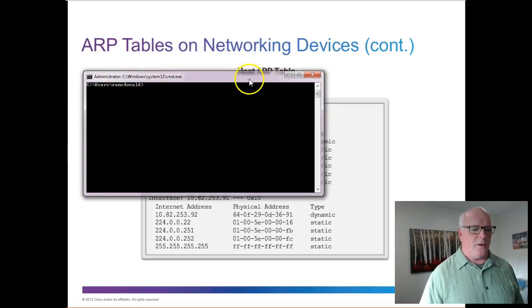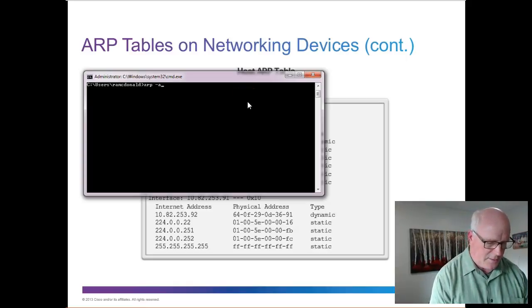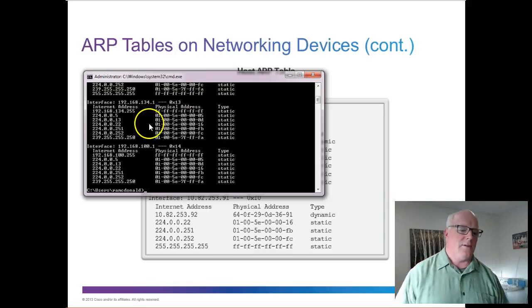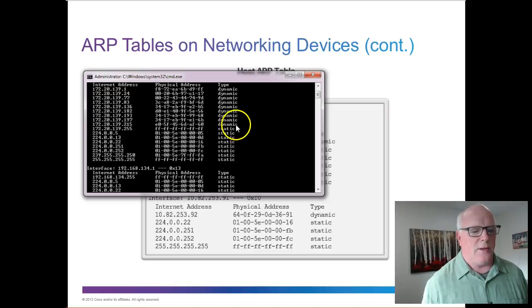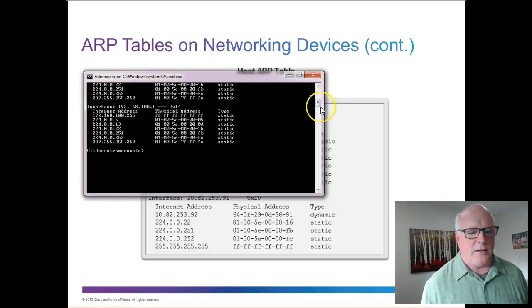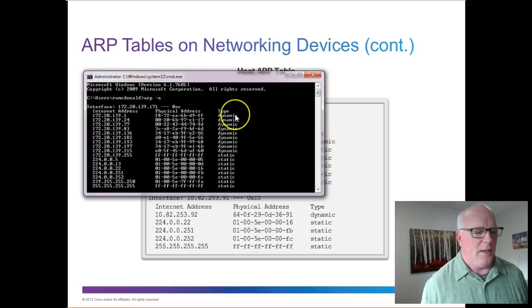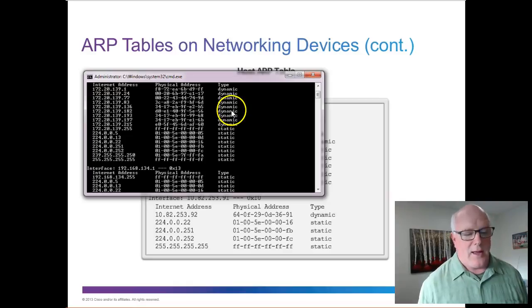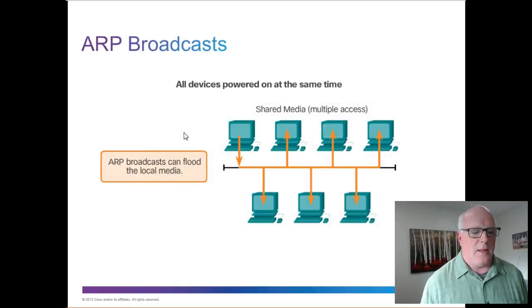You can just pull up your own command prompt and try that same thing. arp -a, and you can see that I have some interfaces, and whether they're static or dynamic addresses, and I'm mapping the addresses to the physical interfaces. Now if I do this in a couple more minutes, some of these will be aged out. That would mean they have to go out and send ARP requests and populate again. So you can take a look at your own ARP table.